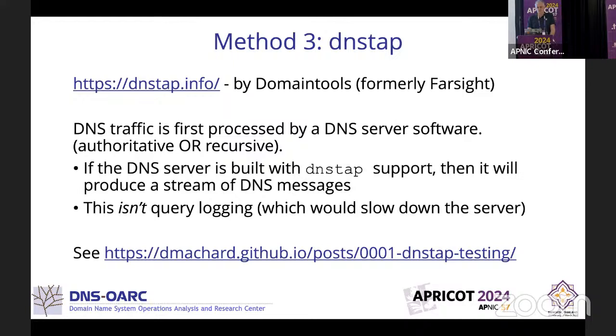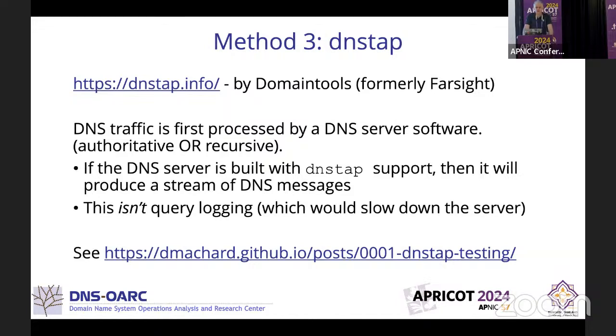The third method, which is, I think, by far the most interesting, and we'll get to it for a number of reasons, is using dnstap. dnstap was developed by Farsight Security some years ago, and then Farsight was acquired by DomainTools. The idea behind dnstap is that DNS traffic is going to be processed by DNS server software, authoritative or recursive.